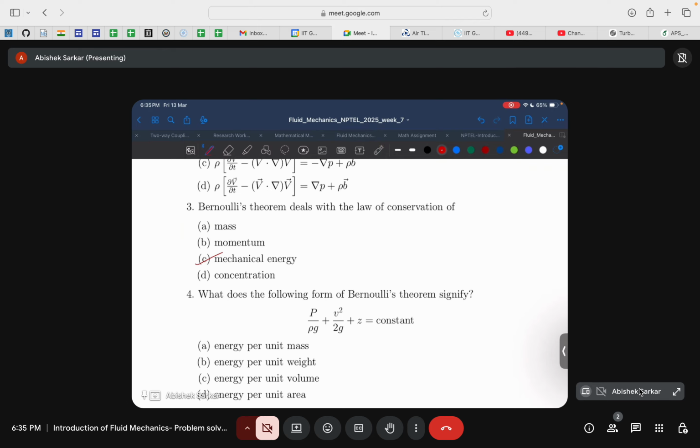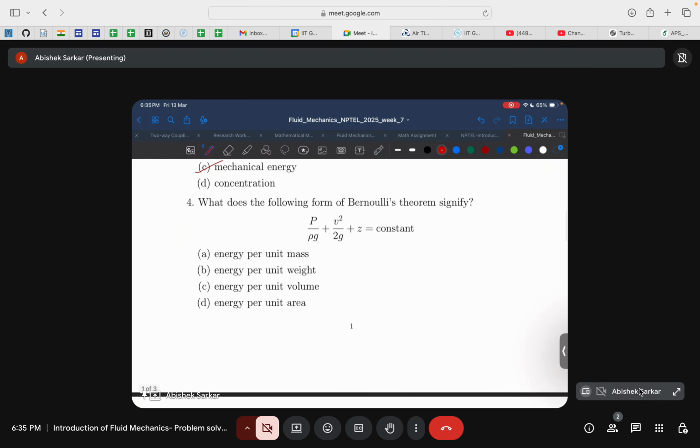Question number 4. What does the following form of the Bernoulli's equation signify? P by rho g plus v square by 2g plus z is equal to constant. So what does this signify? If you remember, we already said that this term represents the potential energy head. We have potential energy mgz.